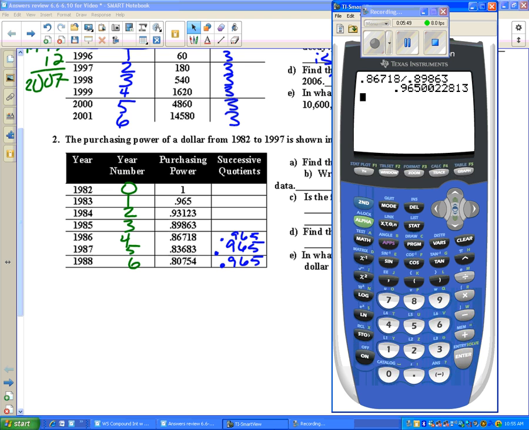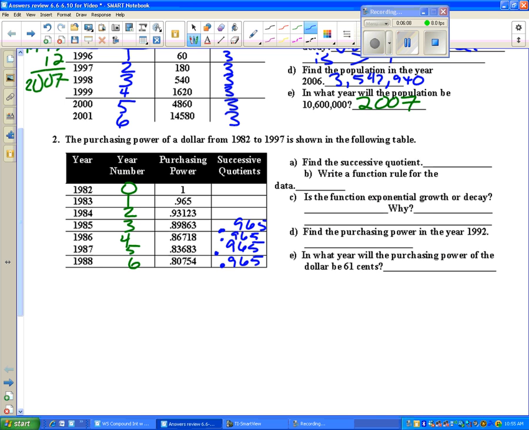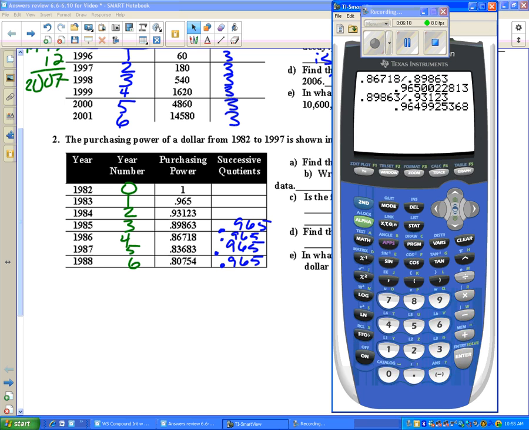Continue with my calculator. 0.89863 divided by 0.93123. 0.965. Do you see a pattern? Continue with my calculator. 0.93123 divided by 0.965. I get 0.965.